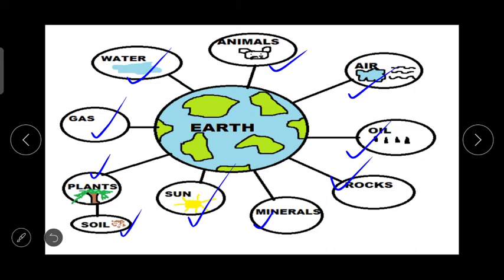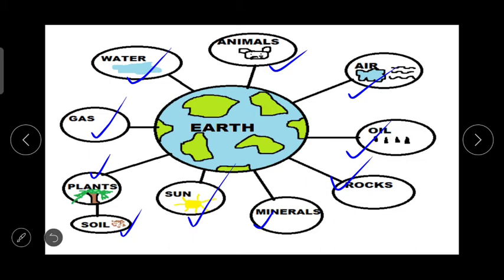Now in plants, a number of plants are there. If we talk about animals, a number of animals are there. If we talk about minerals, then a number of minerals are there. So a number of things are there on the earth, and some of these are quite familiar to us because we use these things to fulfill our needs.